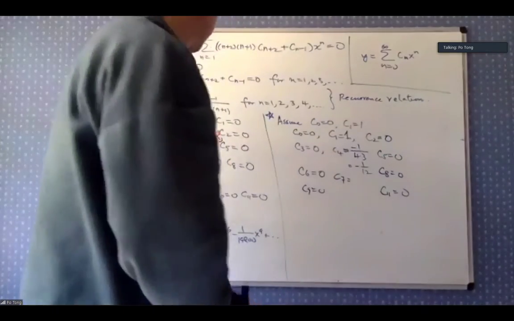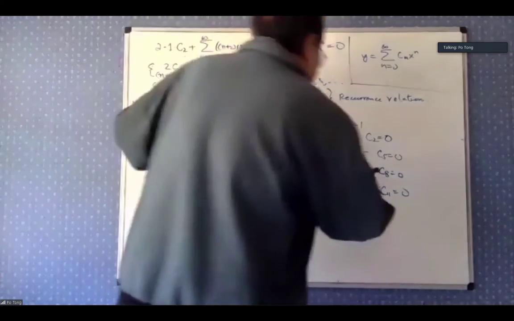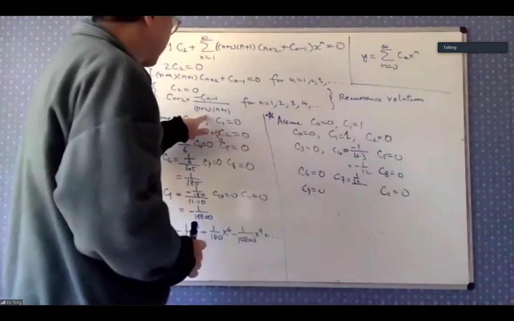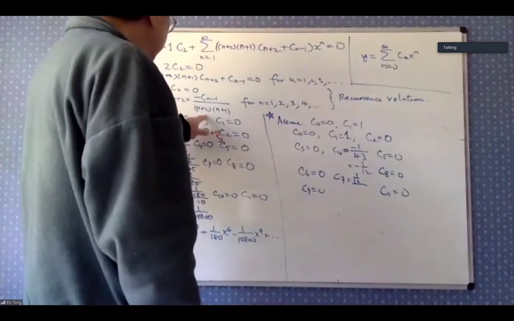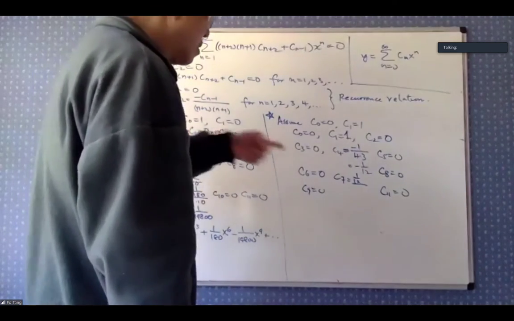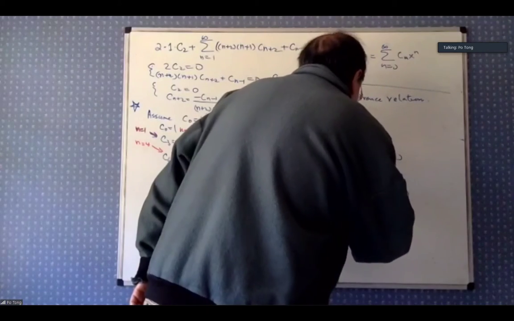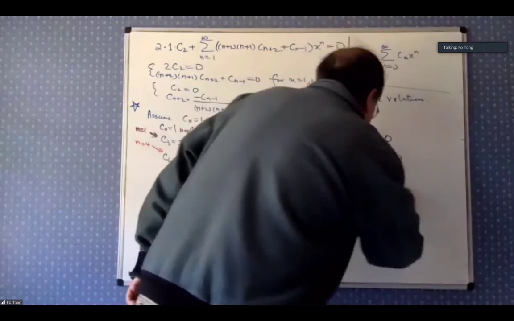So what will be C7 then? C7 is related to C4. It's negative of this, which is going to be 1/12 divided by 7 and 6.